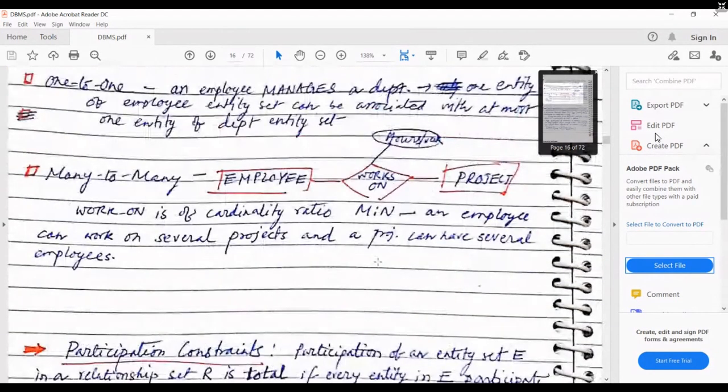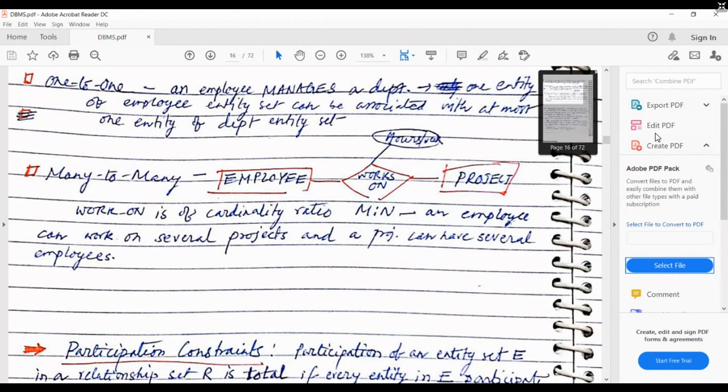Also you can say that between teacher and students, a teacher is teaching many students, and a student is taught by many teachers. You are taught by a number of teachers, so you can also give that example that teacher teaches student.